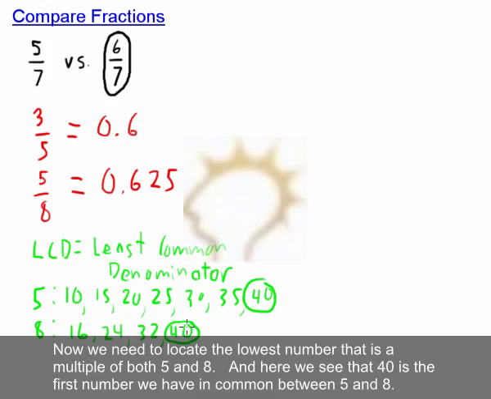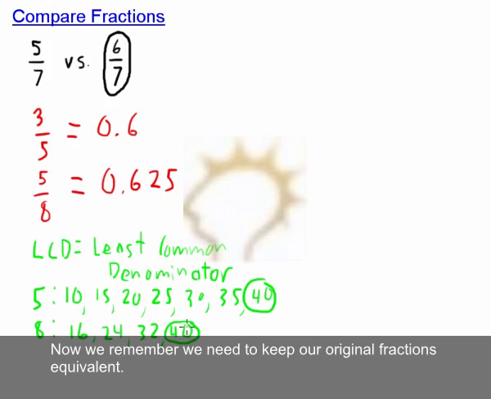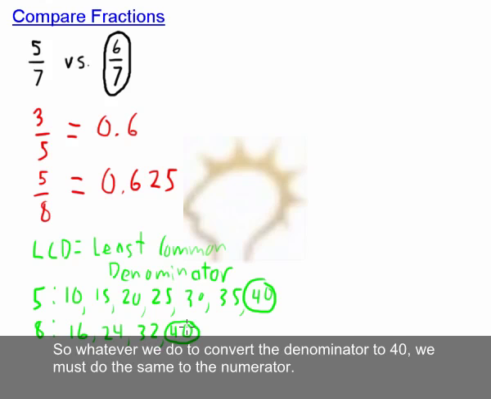And here we see that 40 is the first number we have in common between 5 and 8. Now we remember we need to keep our original fractions equivalent, so whatever we do to convert the denominator to 40, we must do the same to the numerator.